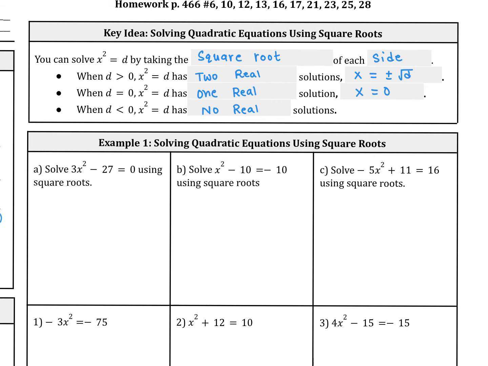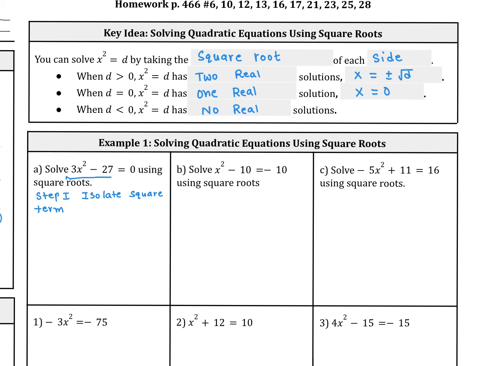To solve 3x squared minus 27 equals 0, you're going to use a square root. First step is to always isolate the square term. So step number 1 is isolate the square term.